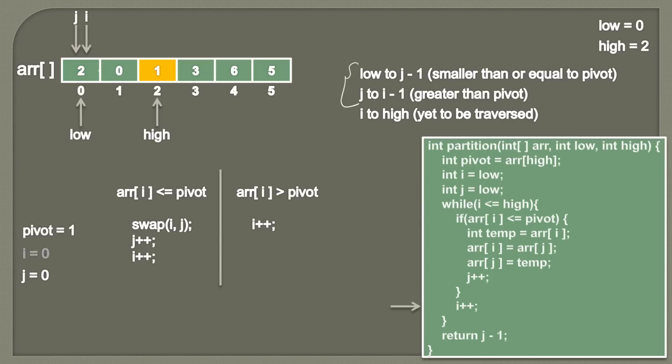We do i plus plus. i becomes 1. i is still less than high. Now array of i, which is 0, is less than or equal to pivot. It means we need to throw it to j and take its value. So we do this via a swap. So 2 comes here and 0 goes there.